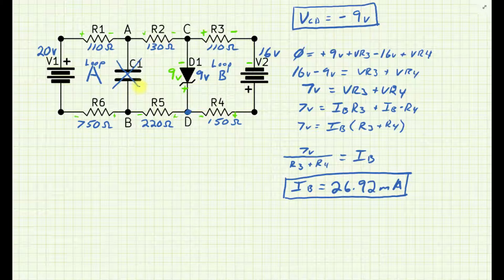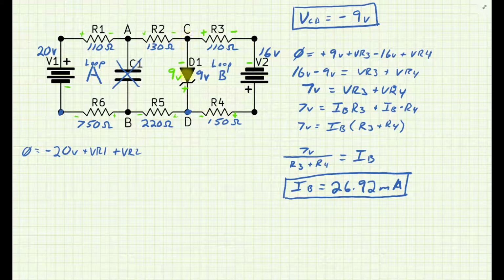I'm going to write a loop equation now for my loop A. Let's just start over here, and as always 0 equals, and I'm encountering, let's get that polarity just to be clear about it, minus 20, a known voltage and polarity, plus VR1, plus VR2.